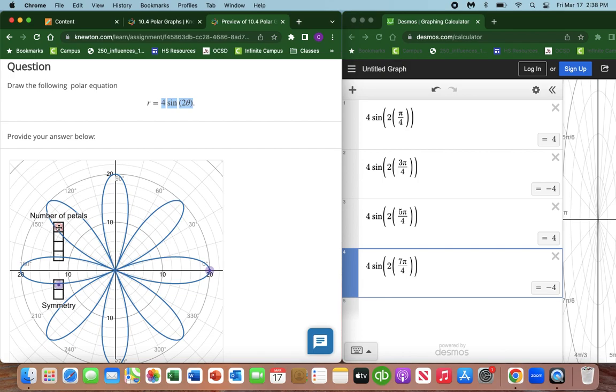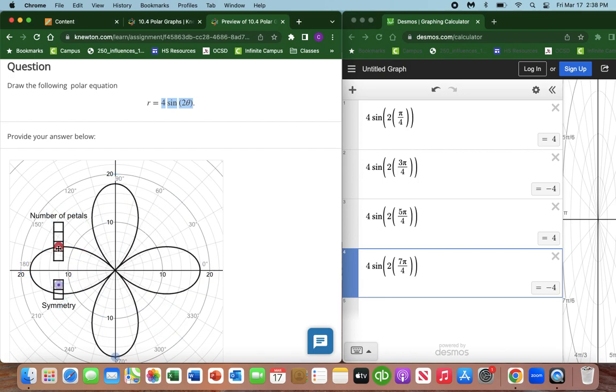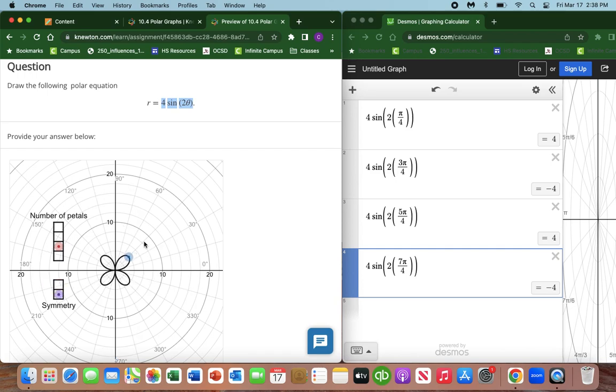So let's go ahead and graph these. So we go back and we say we need 4 petals, but we should be at pi over 4, we should get 4. So pi over 4 is here. We should have 4 on the graph. Notice these are not in the right spot, so I'm going to switch the symmetry. All right, pi over 4, we're in the right spot now, and this should be at 4. Well, this is 2, 4, 6, 8, 10.